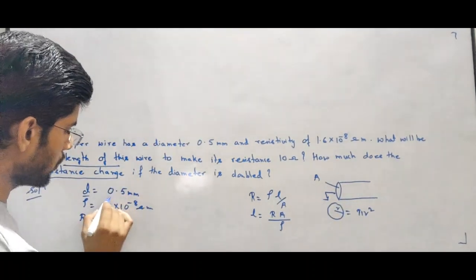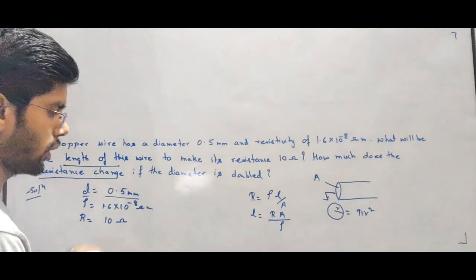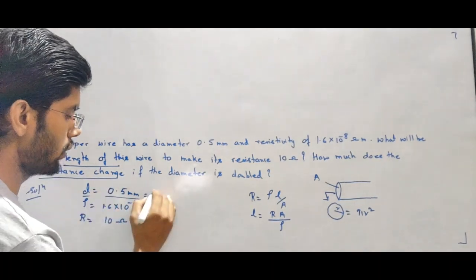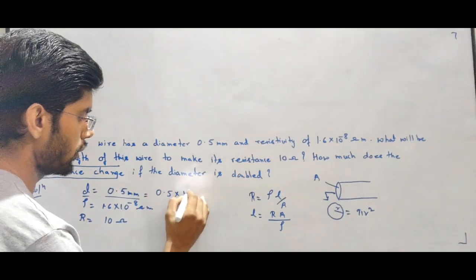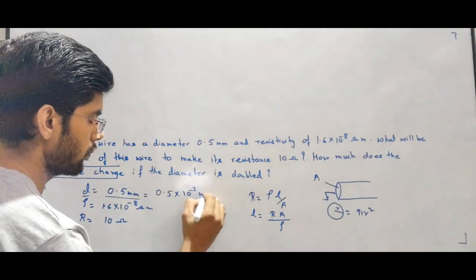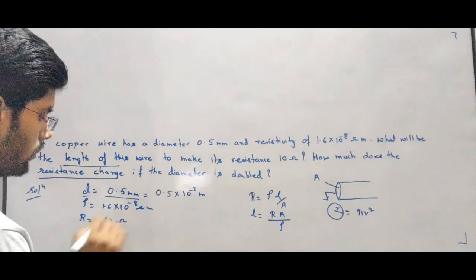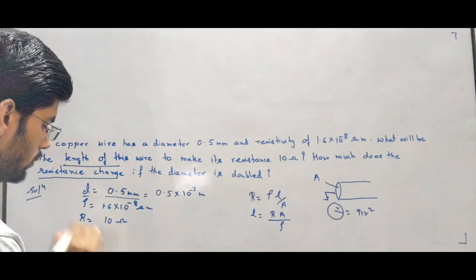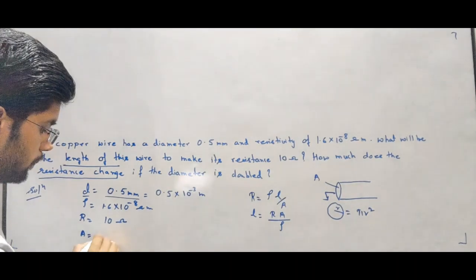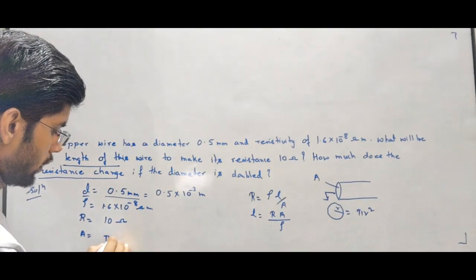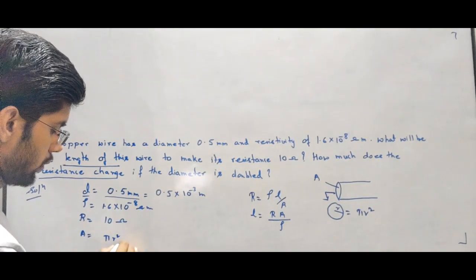But notice one thing, this is not in standard unit, so we need to convert it into a standard unit. So this will be 0.5 into 10 to the power minus 3 meter. Now in standard unit, what can we find? A. A is equal to pi R square.